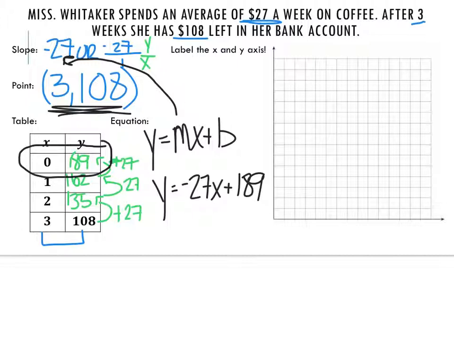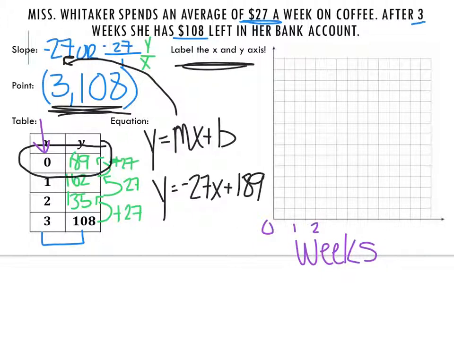From this information, I want to graph it. And so we have to label our axes. Let's switch to a different color. Purple. And so my x-axis is this, and it was 0, 1, 2, 3, but that stands for my weeks. So 0 goes here. I'm going to put 1 here, 2 here, 3 here, 4 here, 5 here.